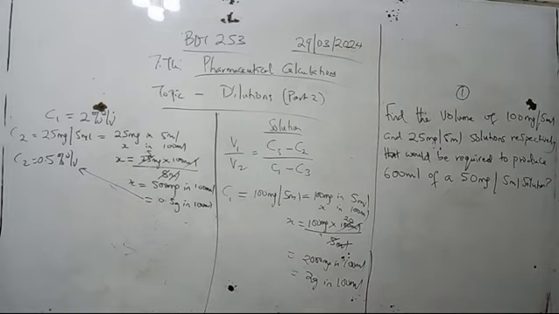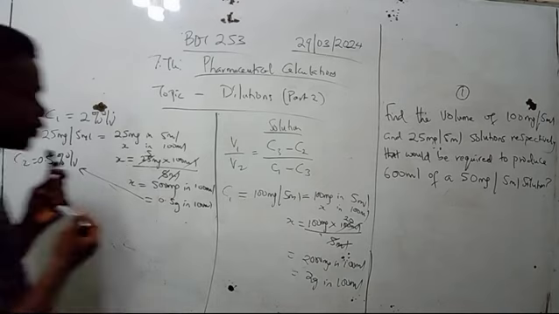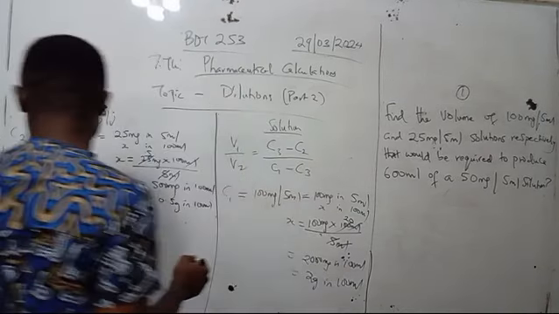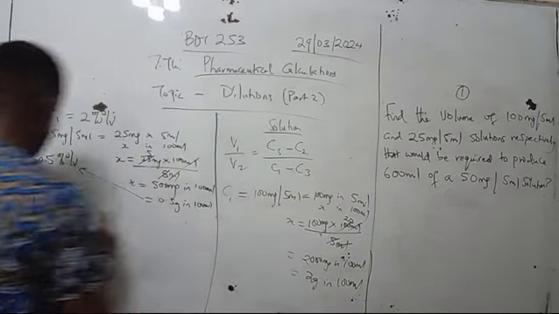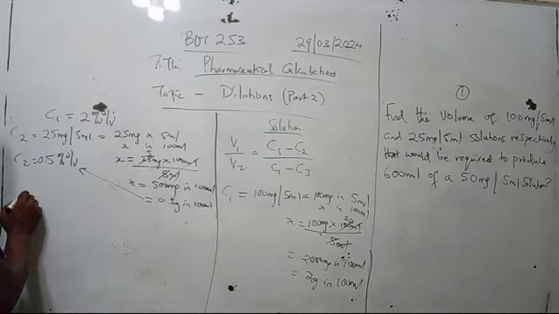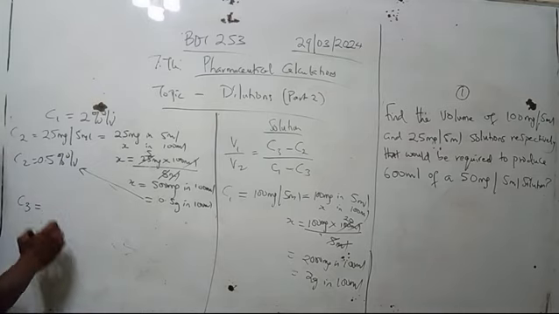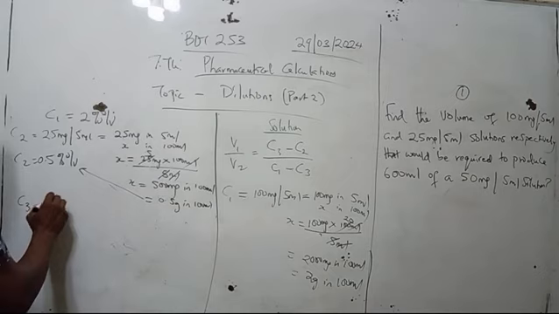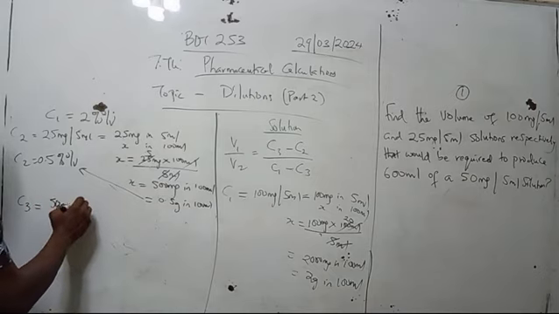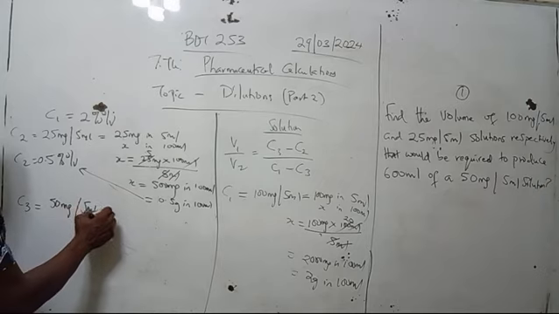C3 here is 50 milligram per 5 ml, which means 50 milligram of the drug in 5 ml of the drug product. So how much will be in 100 ml of the drug product?